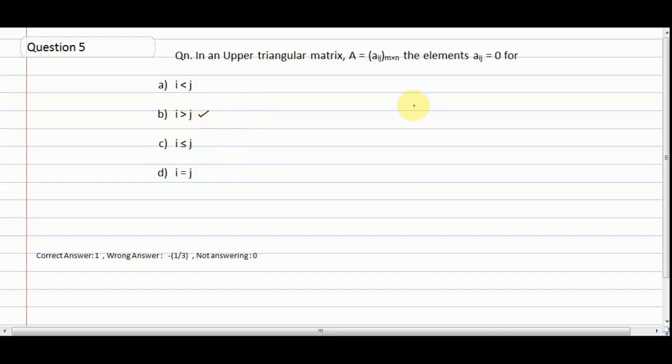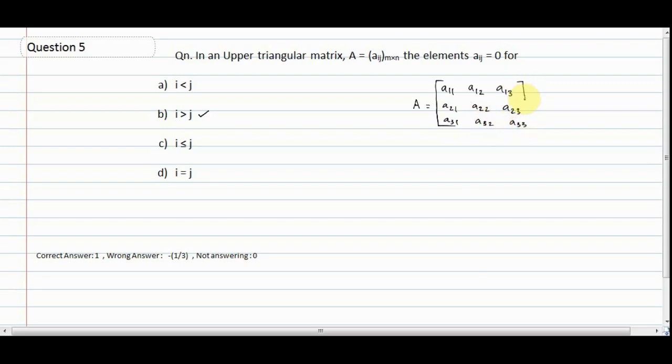So let's consider an example in which we have a matrix where there are 3 rows and 3 columns. Say the first element is A11, second element is A12, third element of first row is A13, then second row is having elements as A21, A22 and A23, and third row is having elements A31, A32 and A33.